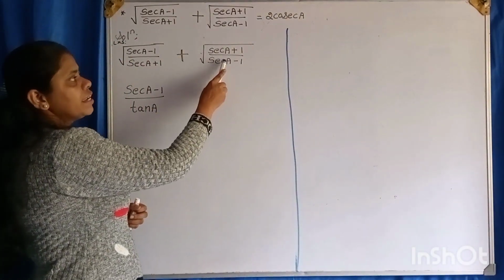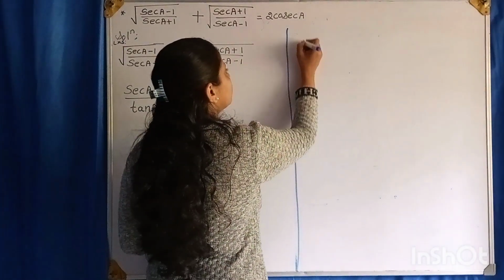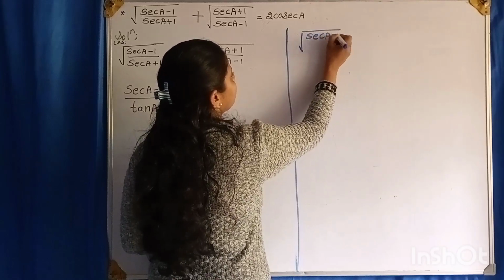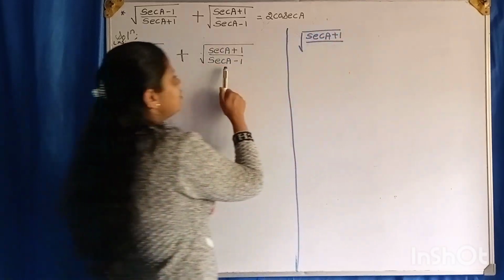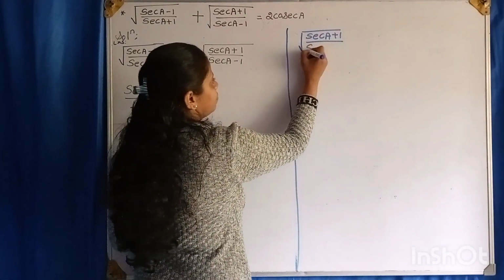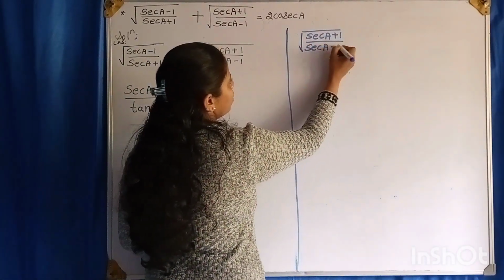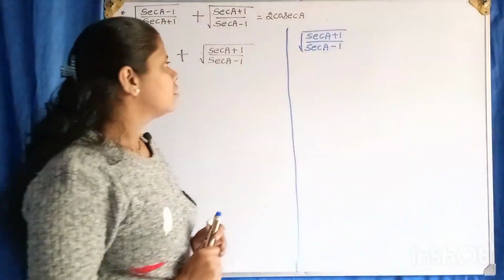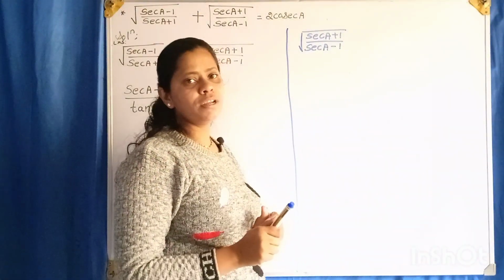Square root of secant A plus 1 divided by secant A minus 1. Now to simplify this, let's rationalize the denominator.